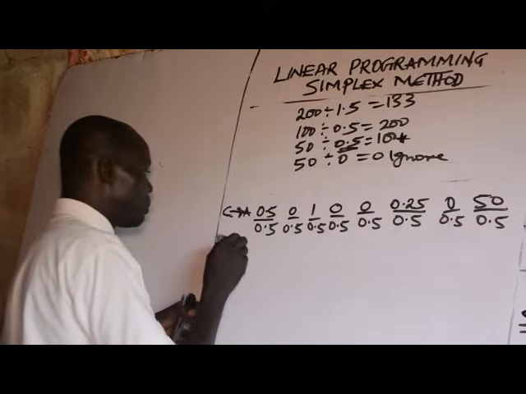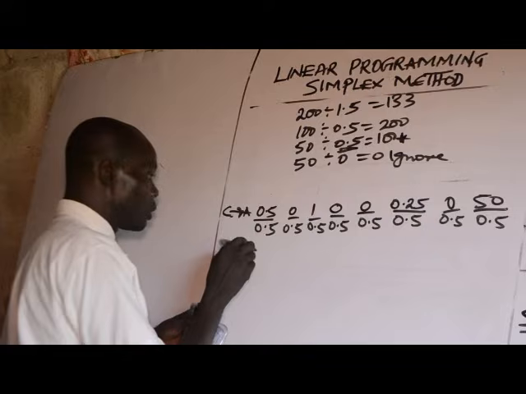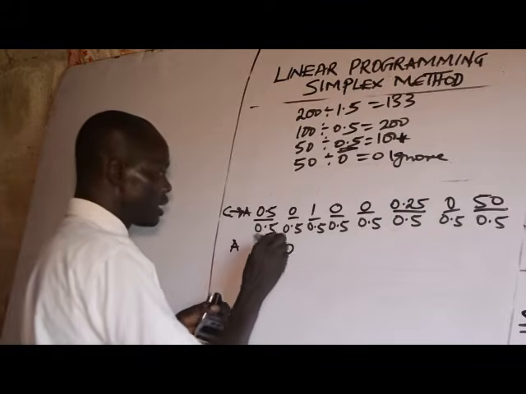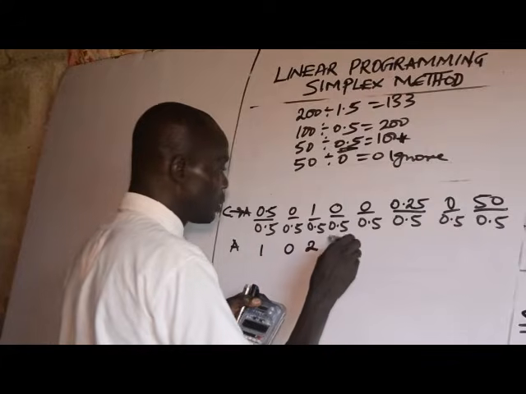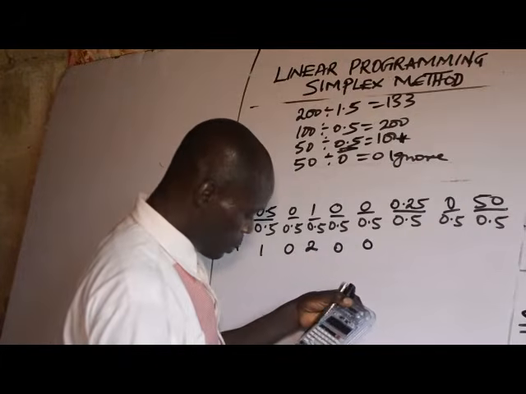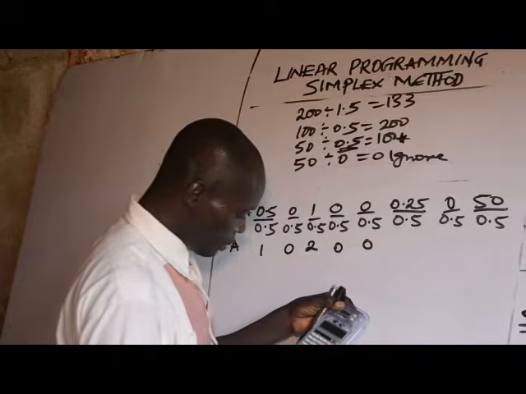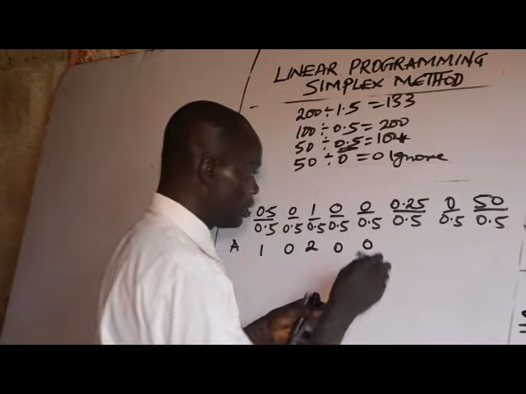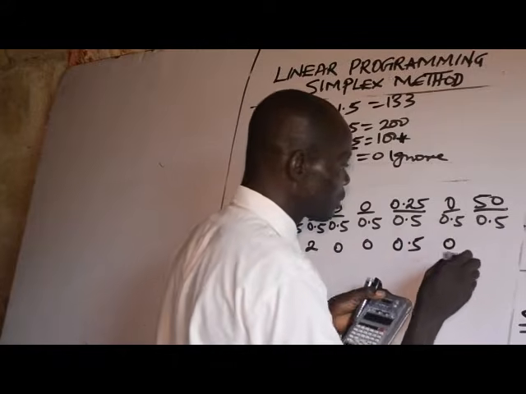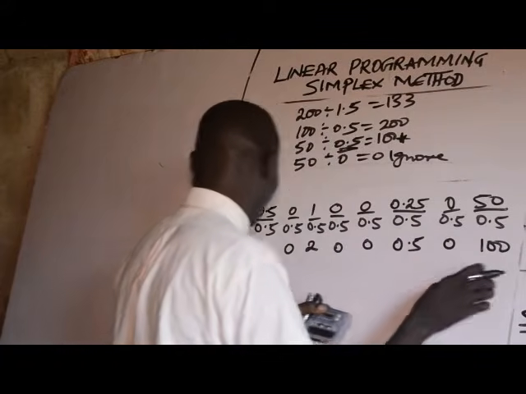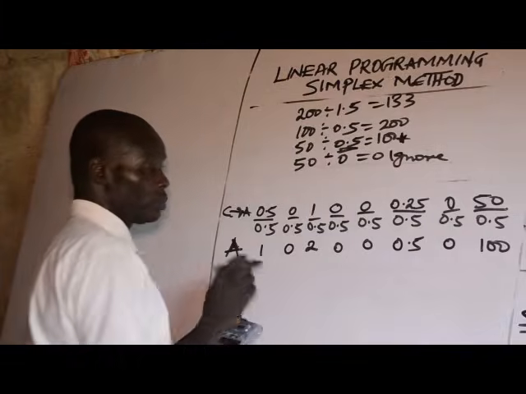So 0.5 divided by 0.5 is 1. This will be 0. 1 divided by 0.5 will be 2. This will be 0. 0.25 divided by 0.5 gives us 0.5. So this will be 0 and this will be 100. That is the value of the new A row.